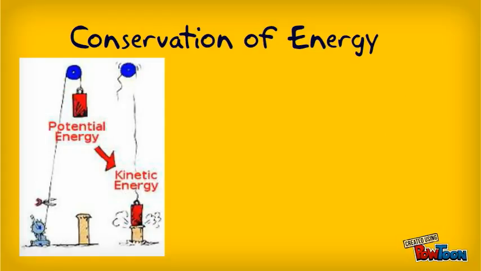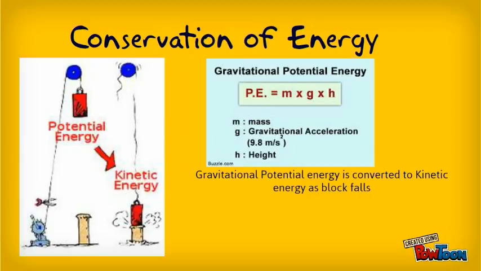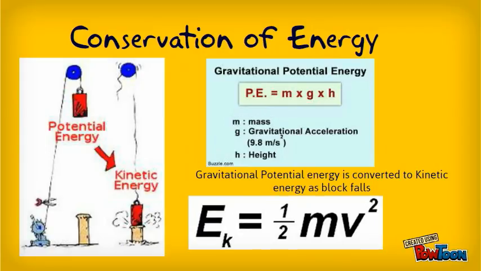We have a block which is held above the ground, and that has a potential energy. The block is allowed to fall to the ground, and at the point where it reaches the ground, all of the potential energy has been converted into kinetic energy.